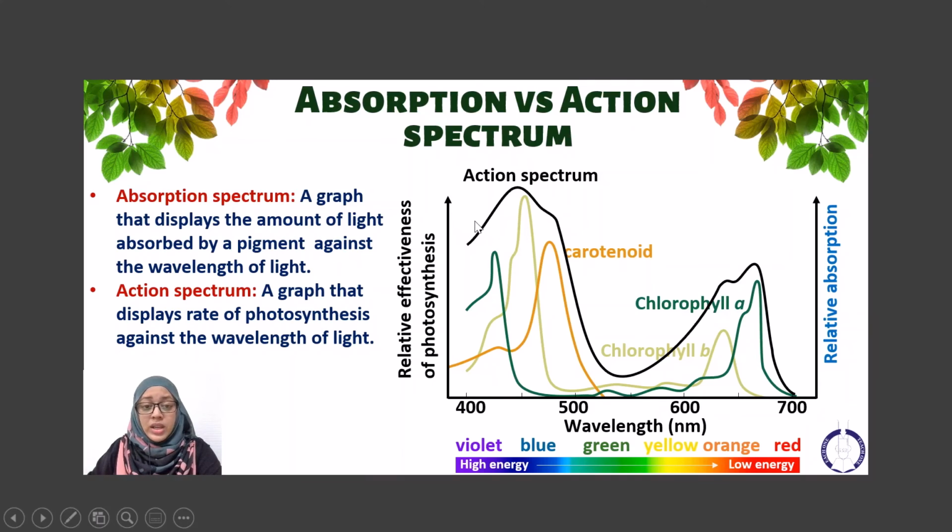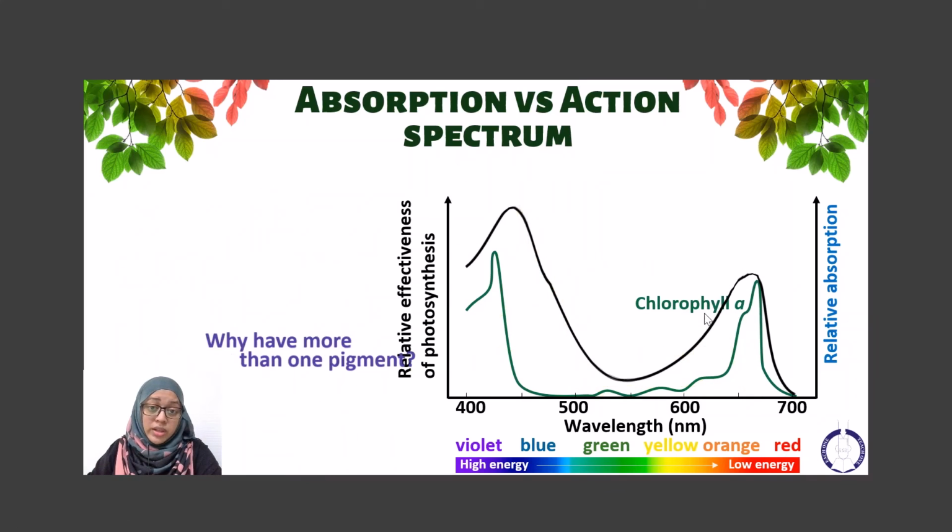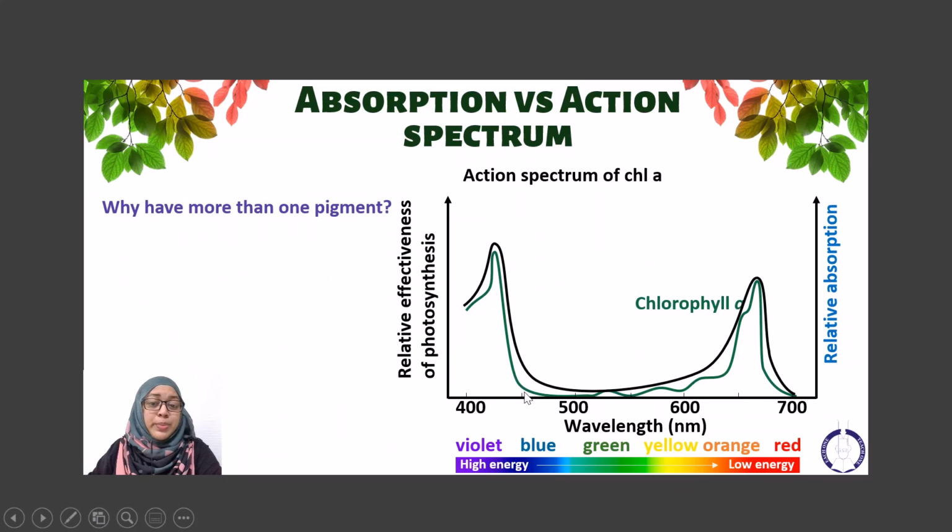Okay, now as you would know, it's these pigments that are absorbing the light, and those are being used for photosynthetic activity. So what could be the advantage really of having more than one pigment? Now if you had, say, just chlorophyll A for example, you would notice that the action spectrum is definitely going to be limited to a small range of wavelengths, because it's only those wavelengths that are going to be absorbed for photosynthesis.